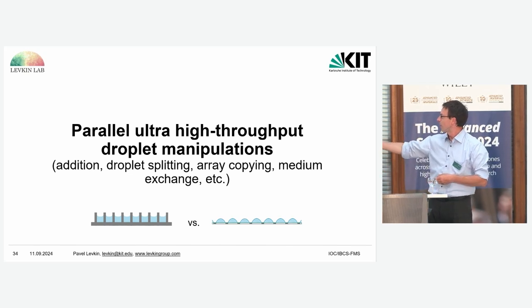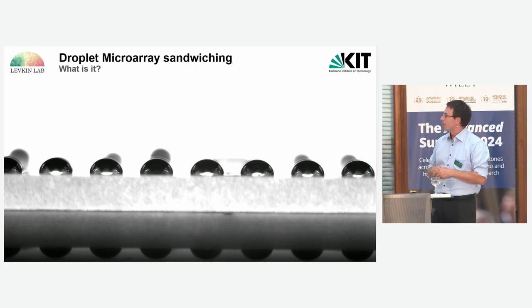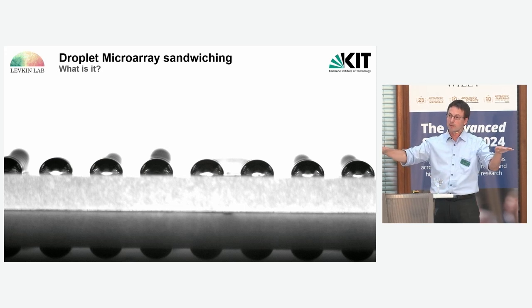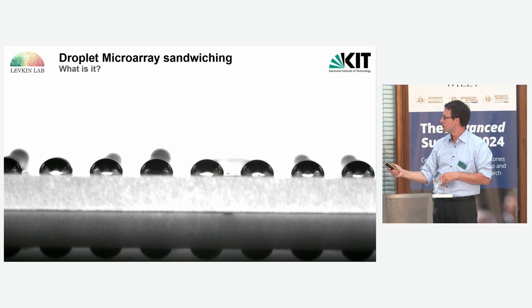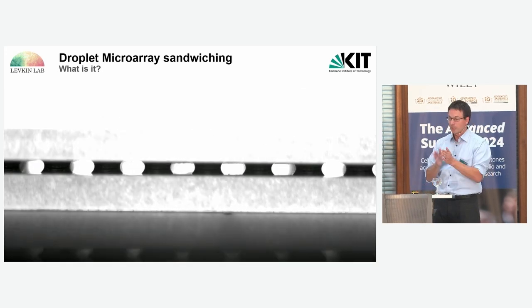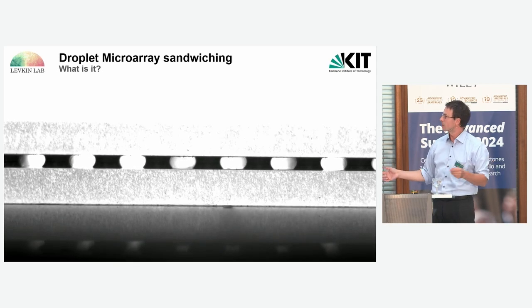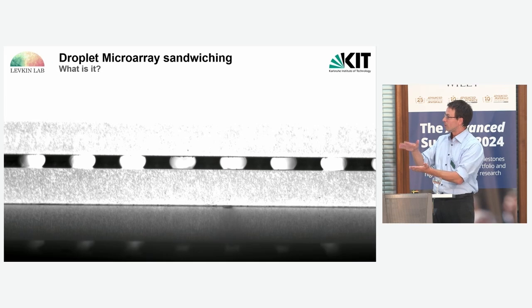In the case of droplet microarrays, the droplets are actually above the surface, and this makes them accessible for parallel manipulations using just another flat surface in a single step, like shown here. And this is unique because if you have thousands of droplets, their manipulation would be very difficult. But since they are above the surface, they are addressable from the surface in parallel.